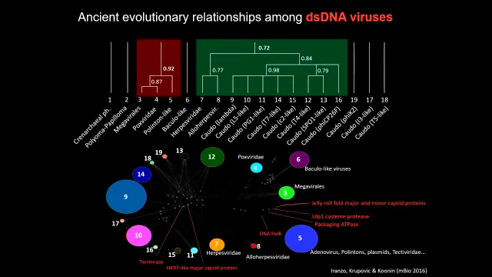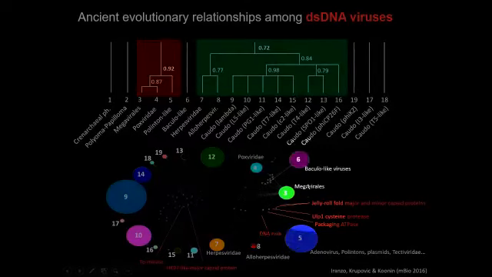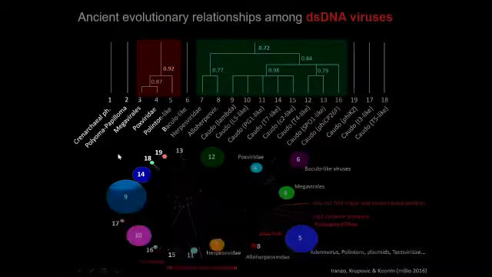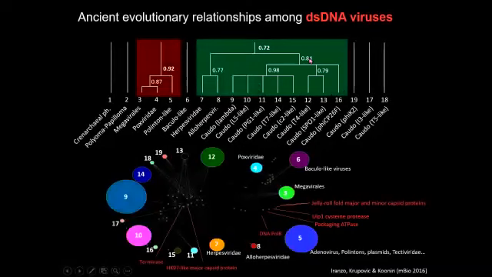All the viruses on this side, here on the right, have a specific set of proteins involved in morphogenesis, so involved in making the capsid and packaging the DNA into the capsid. And then the viruses here have a different set of morphogenetic proteins, different kind of capsid and different encapsulation proteins.